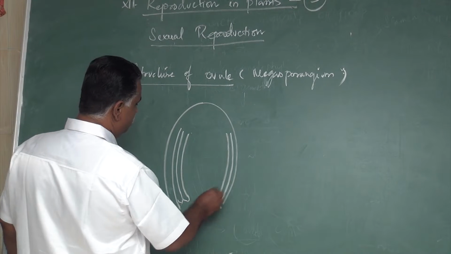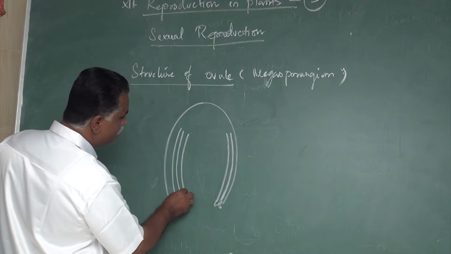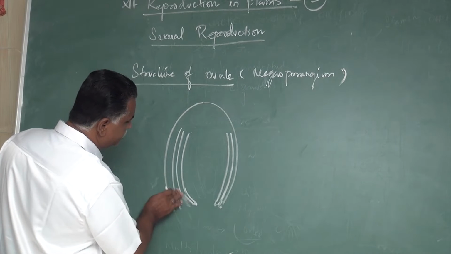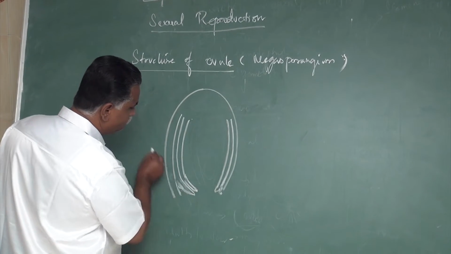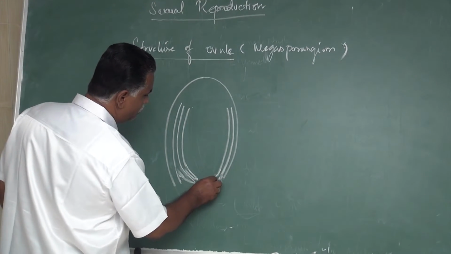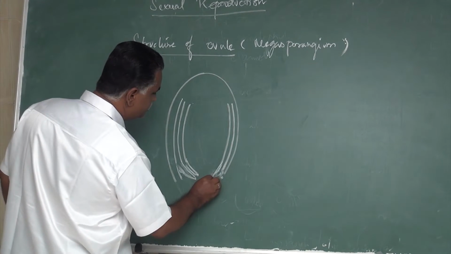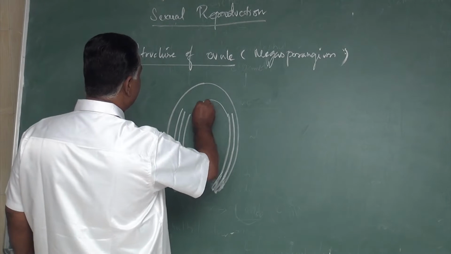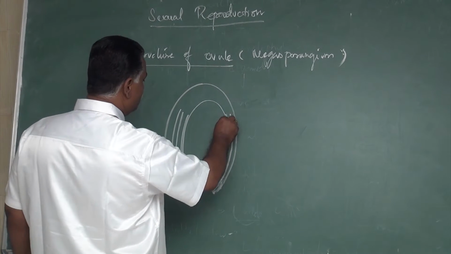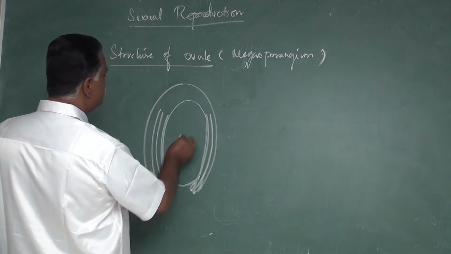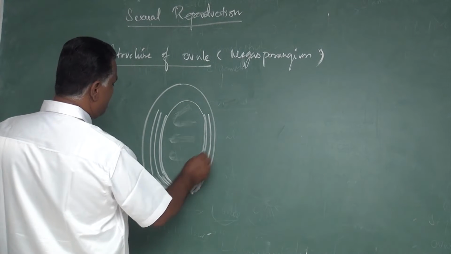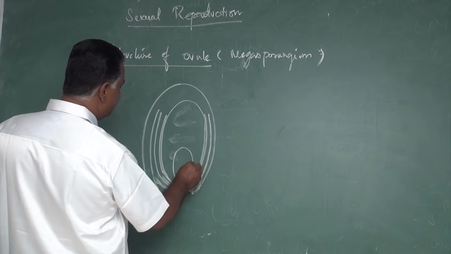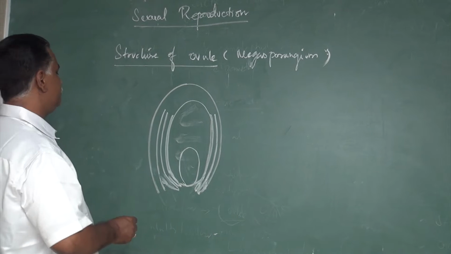See, the ovule is covered by two integuments, and inside that there is a nutritive tissue that is called nucellus. In the nucellus there is the embryo sac.